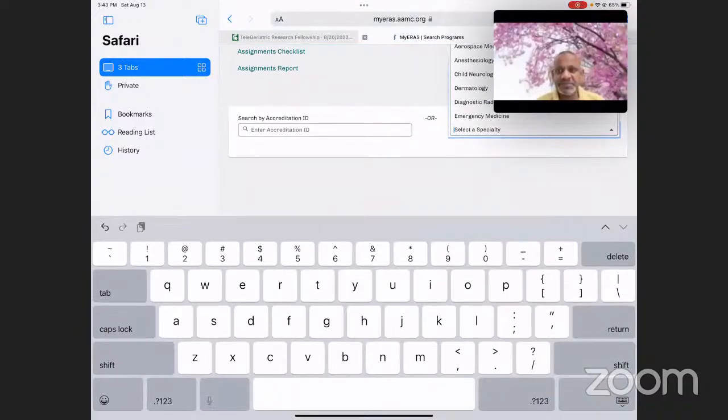If you want to search by specialty, I think the supplemental form is not in all specialties. It's only in neurology, dermatology, as I know, and internal medicine.